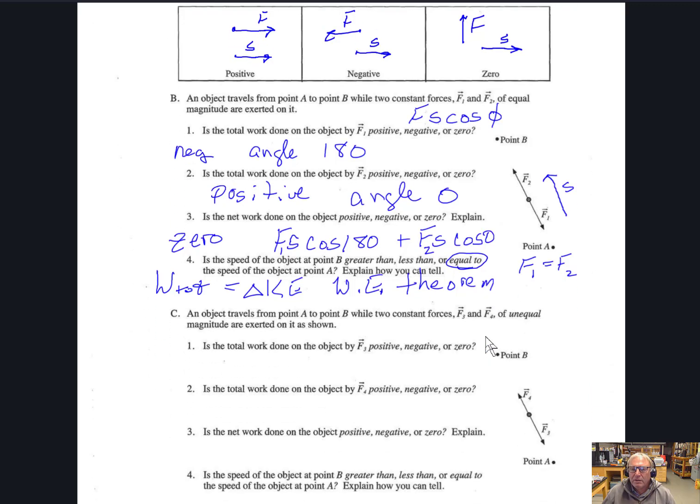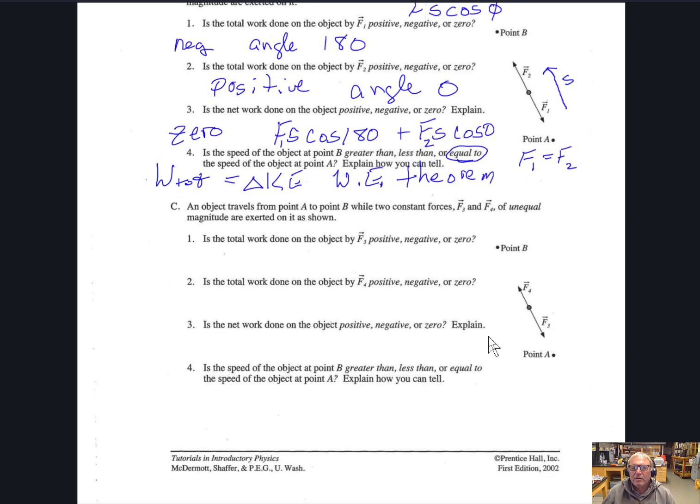An object travels from A to B while two constant forces of unequal magnitude act on it. Okay, and it's A to B once again.